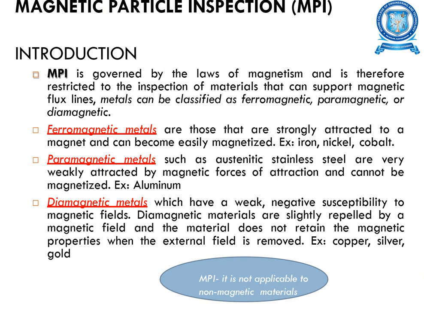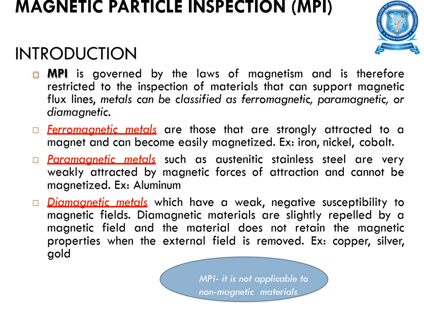Paramagnetic metals, such as austenitic stainless steel, are very weakly attracted by the magnetic force and cannot be magnetized. Example: aluminium. Diamagnetic metals have a weak and negative susceptibility to magnetic fields.